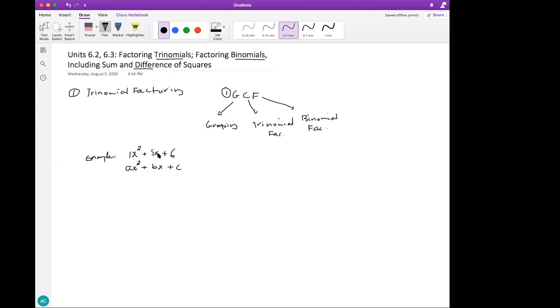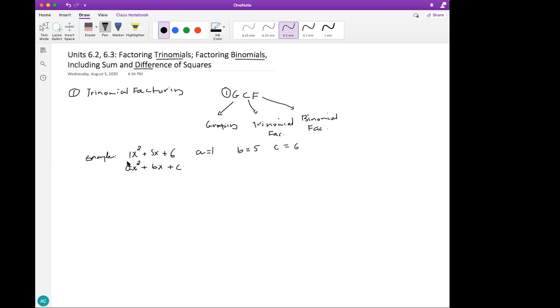For example, for this trinomial, what is a, the coefficient of x to the second? That's 1. And b is 5. B is always next to the x, and you take it with the sign, so it's positive 5. And of course, the constant c is 6.